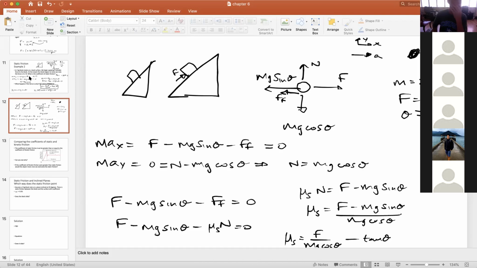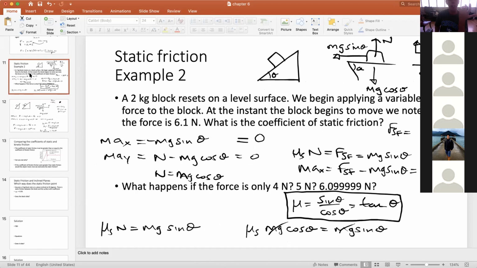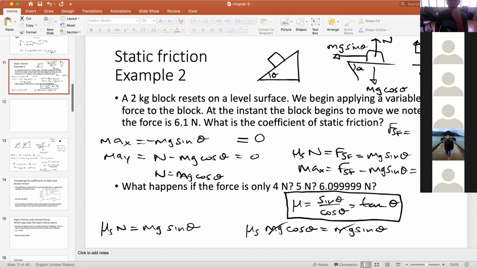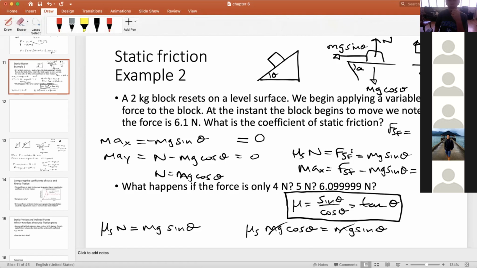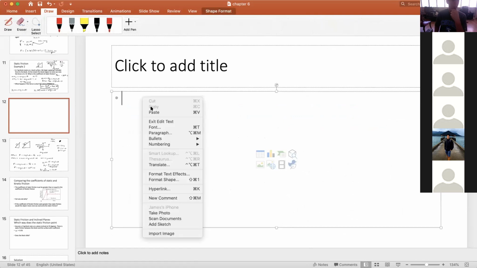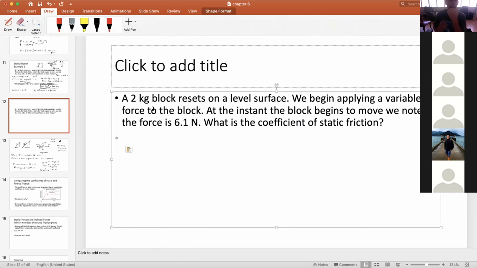Let me backtrack for a minute. I realized I was thinking I was on a surface. You guys can yell at me and tell me to stop when I screw up stuff. I don't want to draw. So let's go back to this. I got ahead of myself. Professor, quick question. With the mu s N over sine theta and cosine theta, how did you get that?